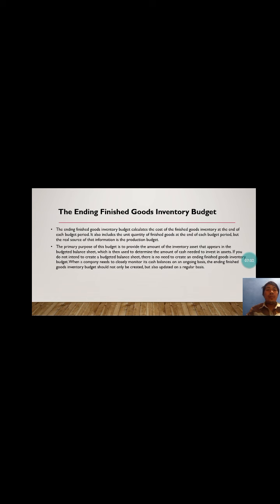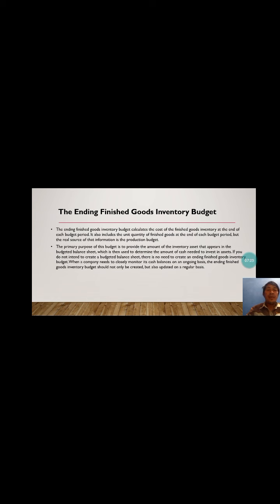The primary purpose of this budget is to provide the amount of the inventory asset that appears in the budget balance sheet, which is then used to determine the amount of cash needed to invest in assets.